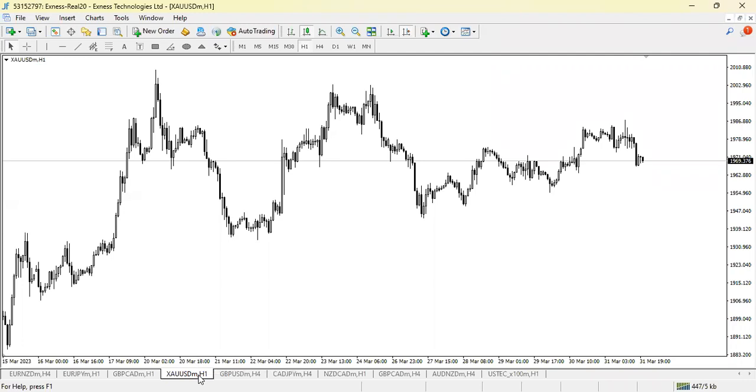And then again, another positive correlation that we have is AUD USD, GBP USD, and sometimes NZD USD. They normally move in the same direction.